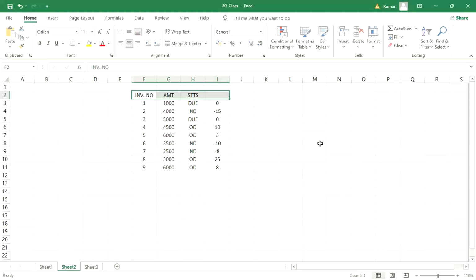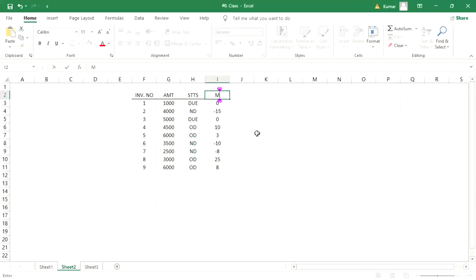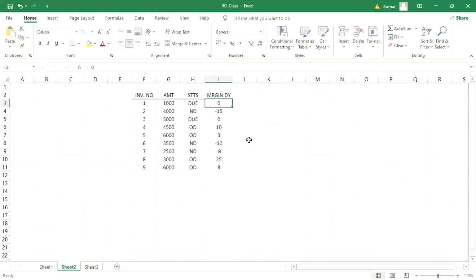Any answer? So Hardik is saying 4, 5, 8, 9.